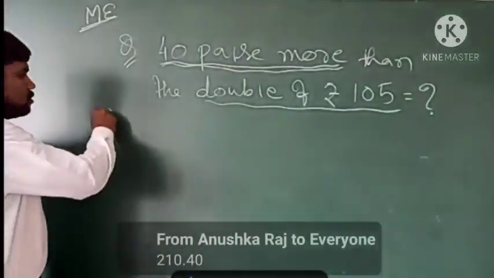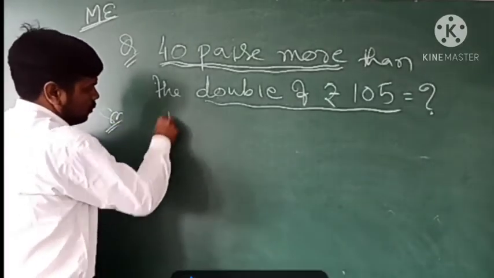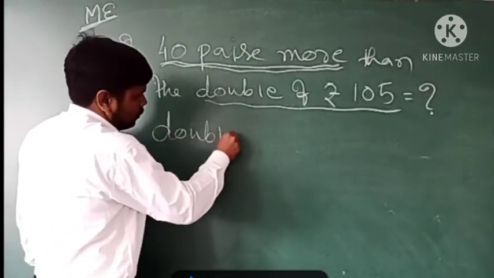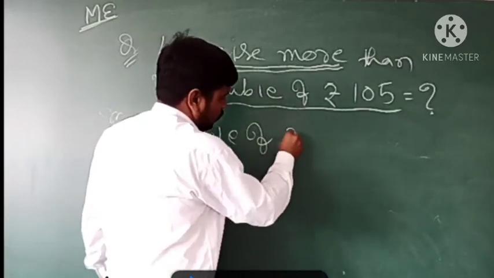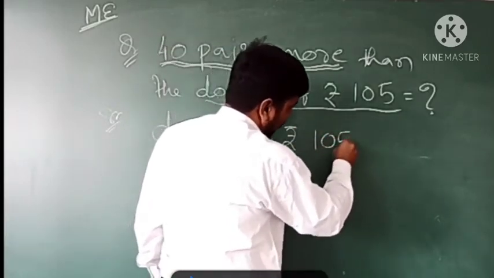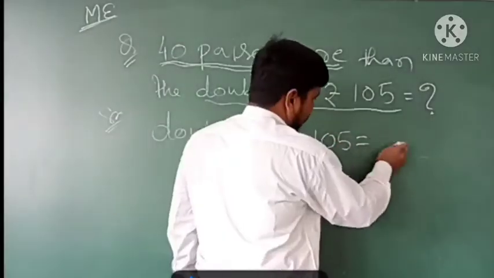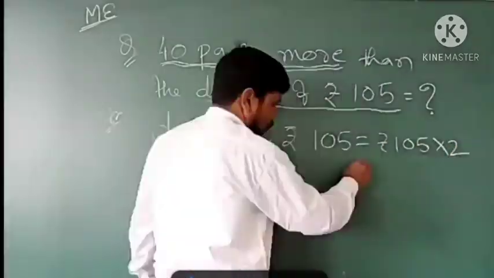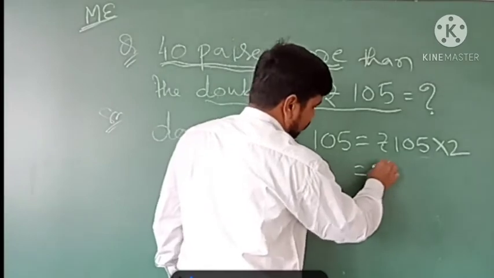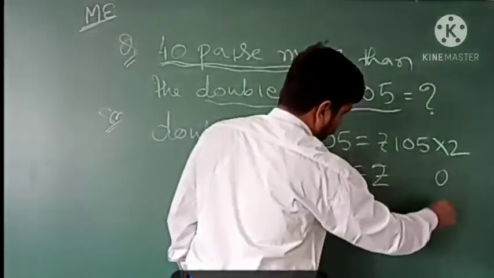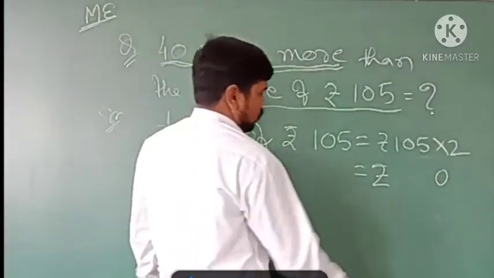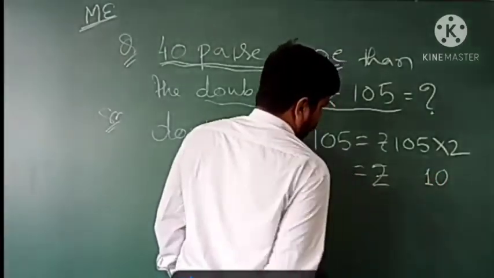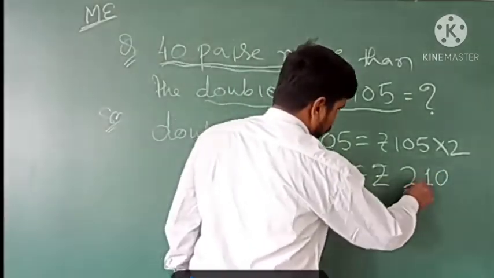So first, the double of rupees 105 means rupees 105 multiplied by 2. If you multiply this, 5 2s are 10, 0, 1 carry. So 2001, okay, and 2 1s are 2. So 210 rupees.